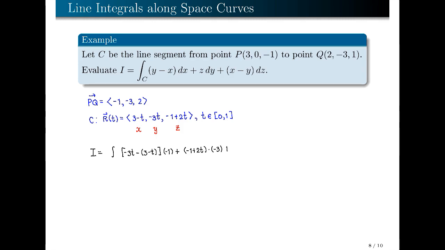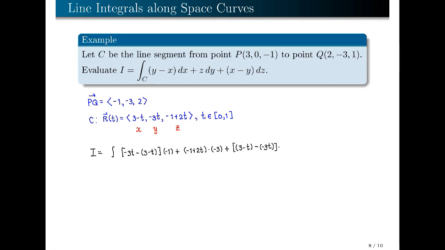Finally, we have plus x minus y, where x is 3 minus t, minus y, that's minus negative 3t, everything multiplied by dz, where z is negative 1 plus 2t. So I obtain dz to be 2 dt.